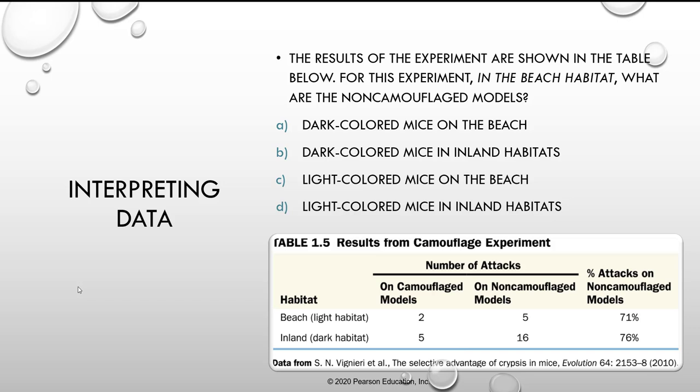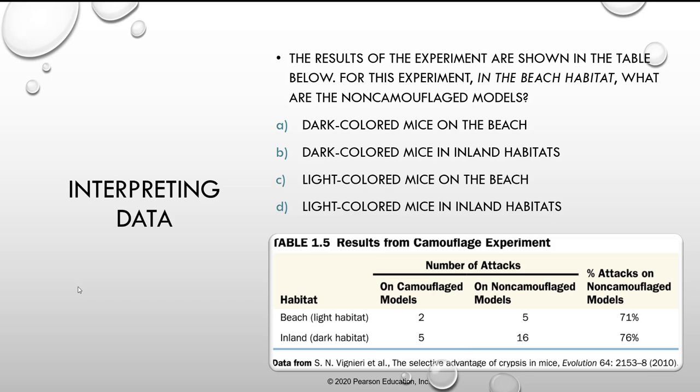All right, so now we've got to interpret the data. The results of the experiment are shown in the table below. For this experiment in the beach habitat, what are the non-camouflage models? Are they the dark colored mice on the beach, the dark colored mice in the inland habitats, the light colored mice on the beach, or the light colored mice in the inland habitats?